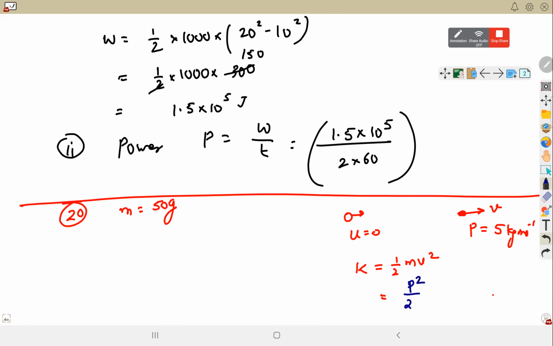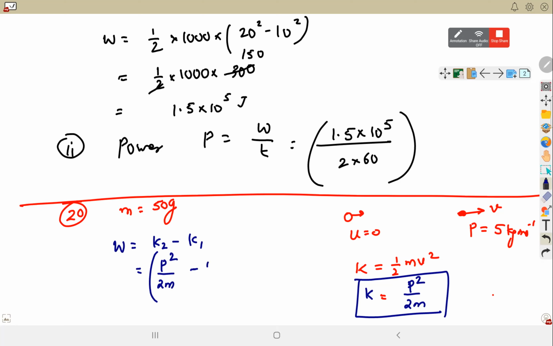P square upon 2m is the kinetic energy formula in terms of P. Work done is final kinetic energy minus initial kinetic energy. So P square by 2m is final, initial is 0. P is given as 5, square upon 2. Mass is 50 gram, which you convert into kg, so that becomes 0.05.